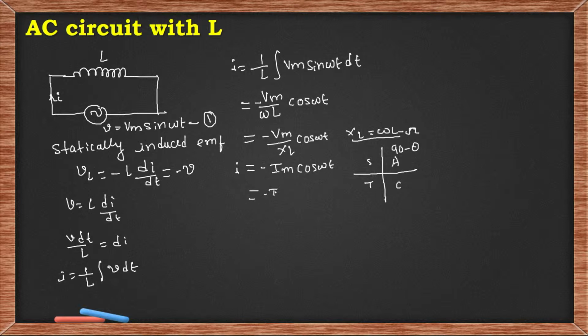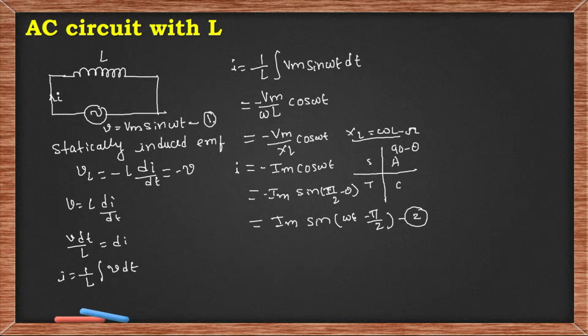Therefore, minus Im cos becomes sine of pi by 2 minus theta, or 90 minus theta. Multiplying the minus into the sine term, it becomes Im sine, where theta is omega t minus pi by 2. So this is equation number 2.